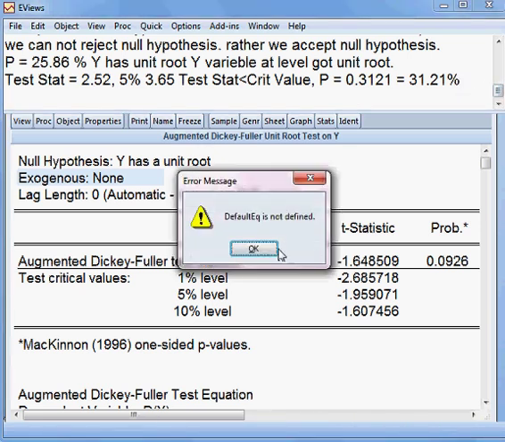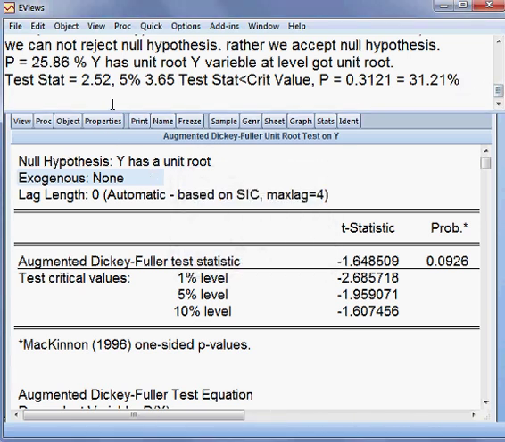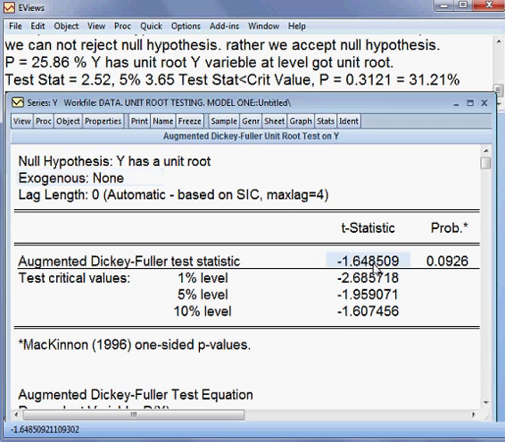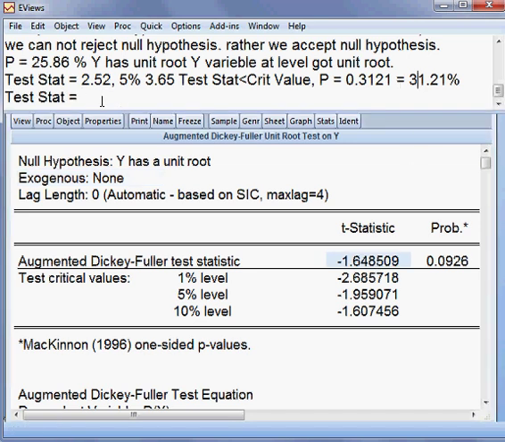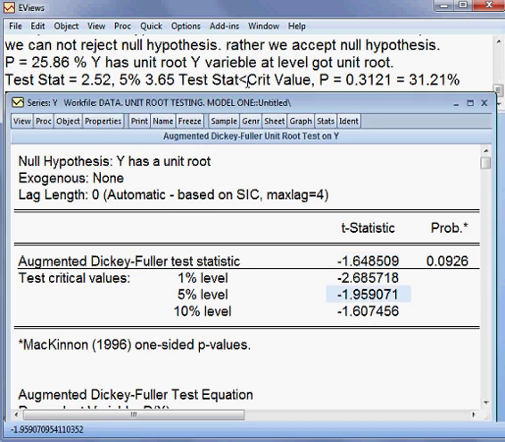For this model, how much is the test statistics? Test stat is this one, right? You can see from here. The absolute value is 1.64. And how much is the critical value? Critical value at 5%, right? The value is this one, 1.95.